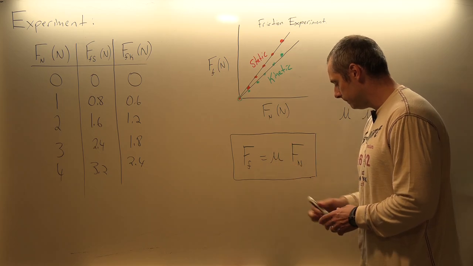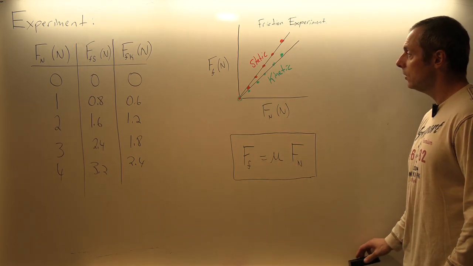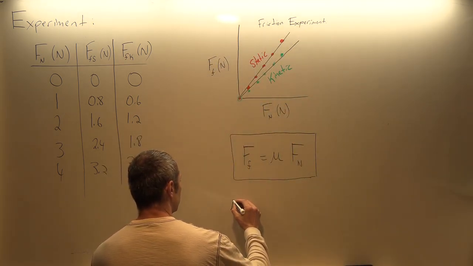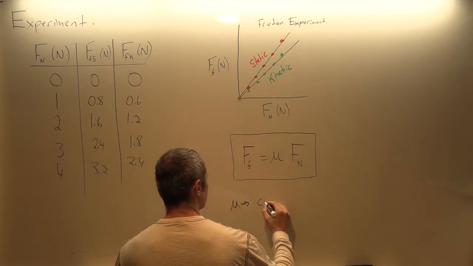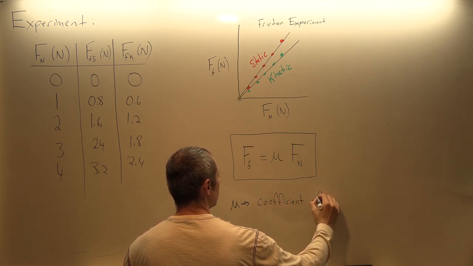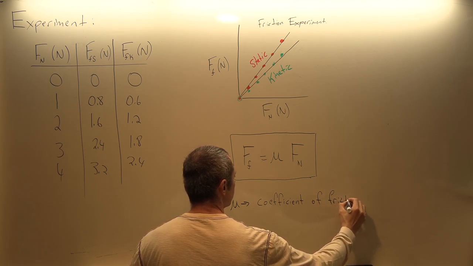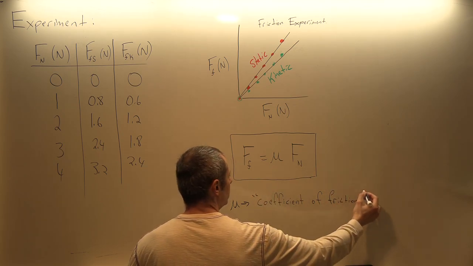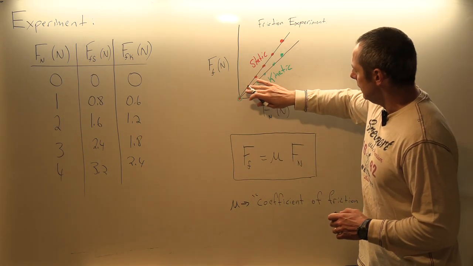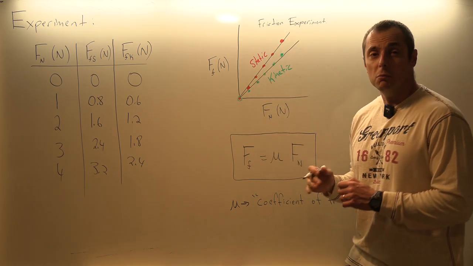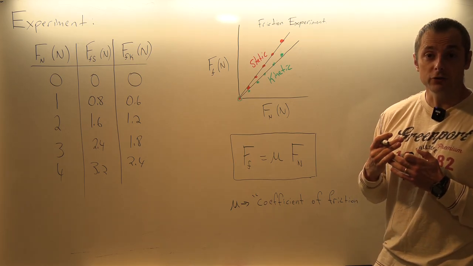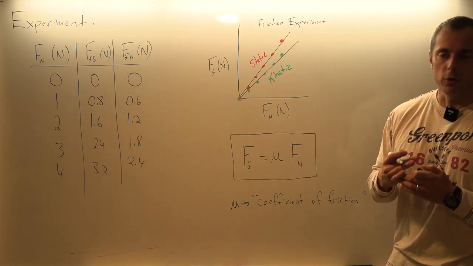But what is this mu? Okay? It is called the coefficient of friction. So that's what it's called. And what it is, the bigger the slope is, the more friction you have. So it is a measure of how sticky two surfaces are with respect to each other.